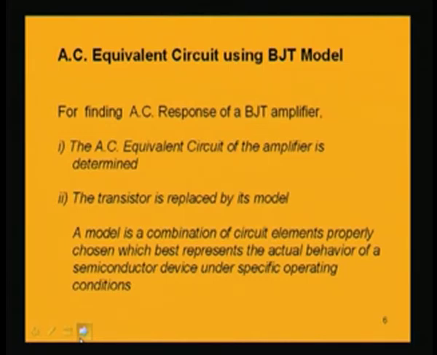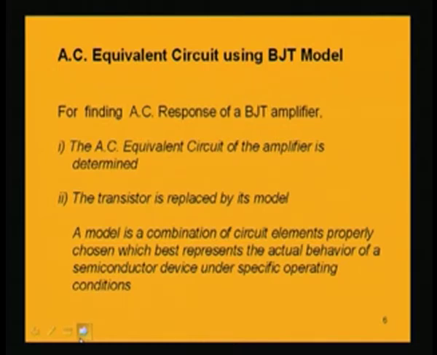That is, when we are considering a common base or a common emitter transistor, then from the input and output characteristics which we know, we must model the transistor equivalently, which can be done by choosing the right parameters for expressing the behavior of the transistor under operating condition.